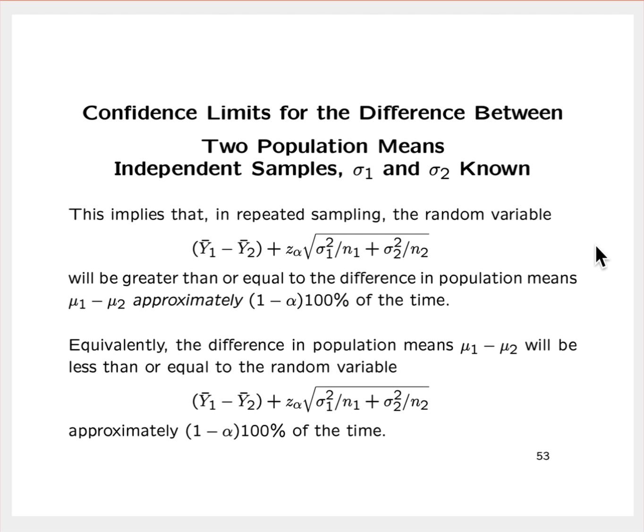And so this implies that in repeated sampling, the random variable given by the difference in the sample means plus z sub alpha times the true standard error of the difference in sample means will be greater than or equal to the difference in the population means mu1 minus mu2, approximately 1 minus alpha times 100% of the time. An equivalent way to say that is that mu1 minus mu2 will be less than or equal to that random variable, approximately 1 minus alpha times 100% of the time.